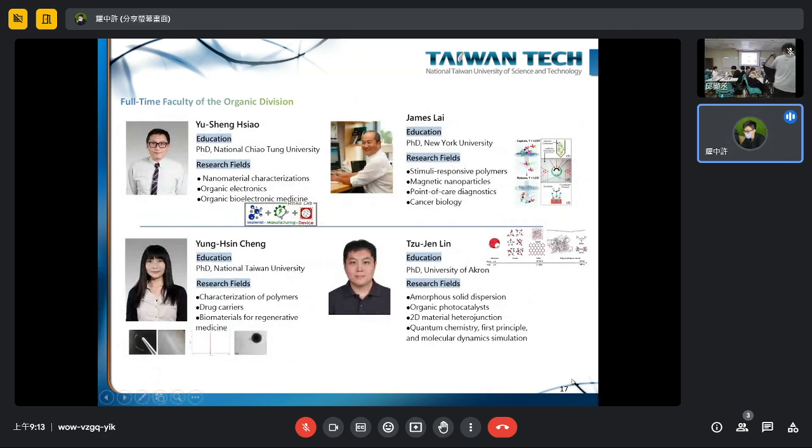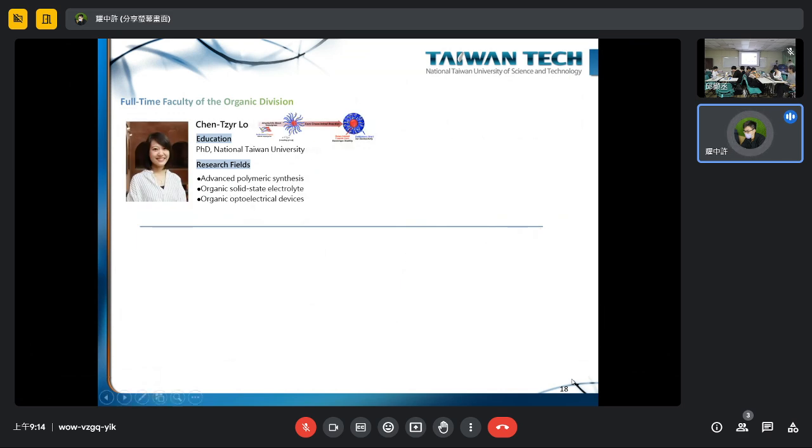So we have professors working on organic electronics, biomaterials as organic stimulation, and also cancer biology, and also energy or battery materials, and organic electrical devices.